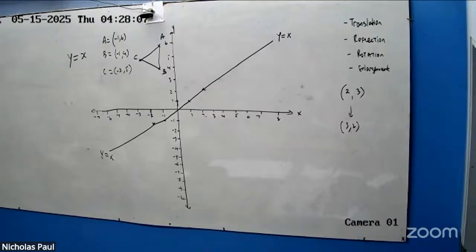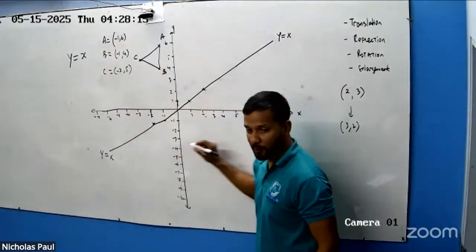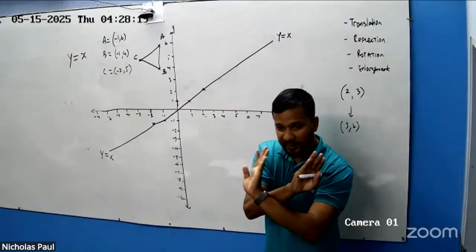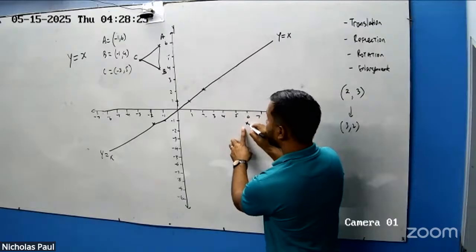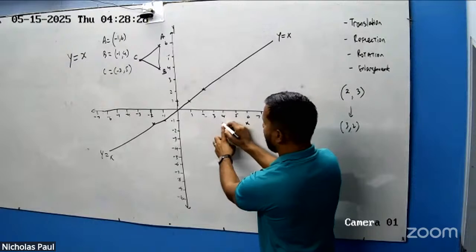What would minus 1, 6 become? Right, so most of you all got it. You flip the values, so minus 1, 6 becomes 6, minus 1. What does minus 1, 4 become? It becomes 4, minus 1.